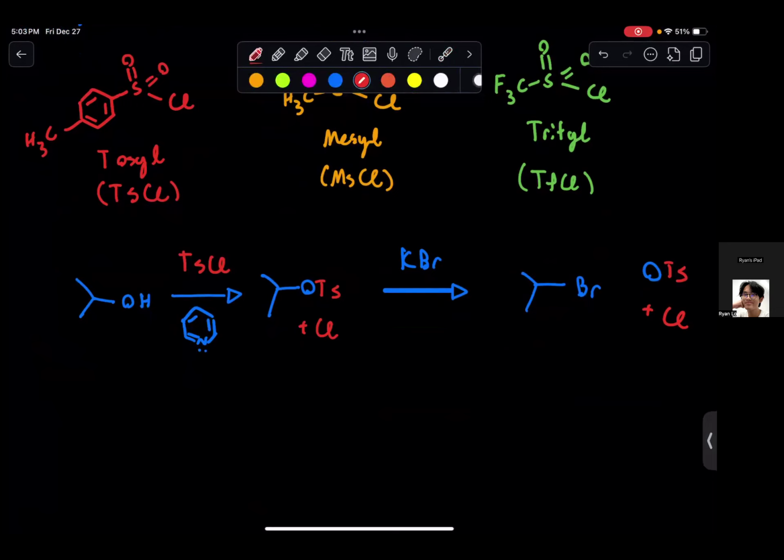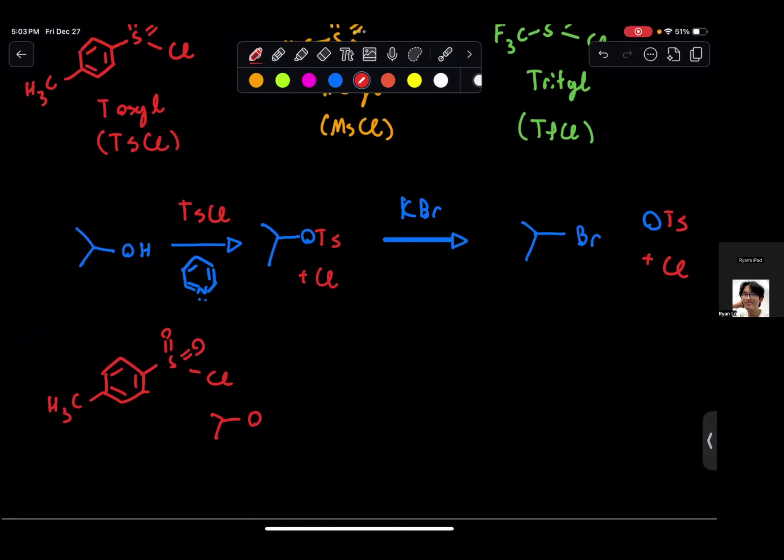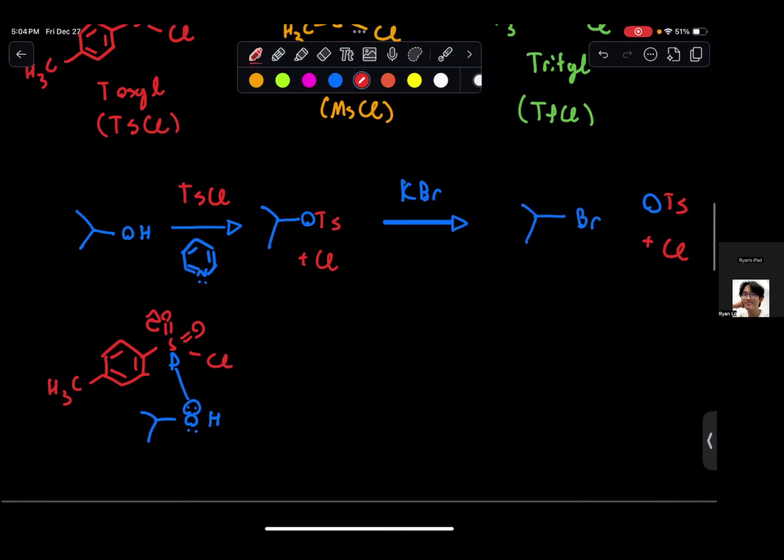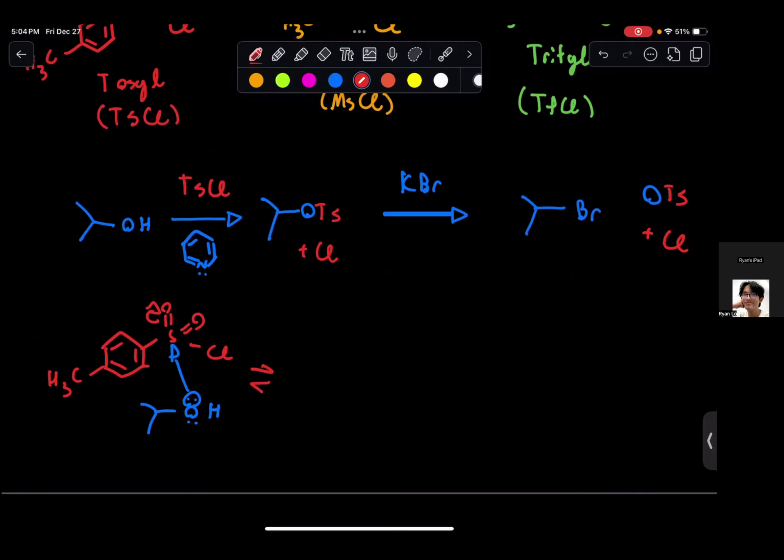The mechanism for it is relatively simple. If I draw out OTs right here, you're going to have that OH here going to attack right here. It's going to pop off in response, and from here you end up with this right here.